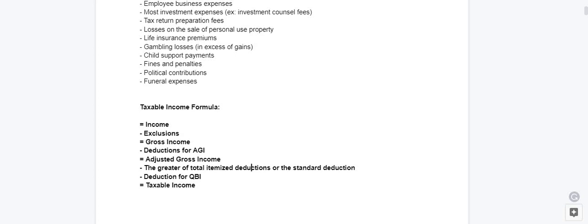One last thing I want to conclude on is about gross income versus taxable income, which I went over in Part 4. We can see from this formula alone that the two are different. Now I know here it says gross income is income minus exclusions, and that's true.